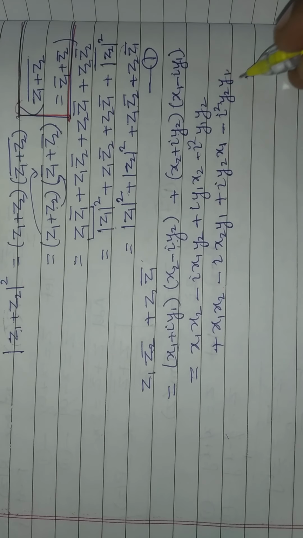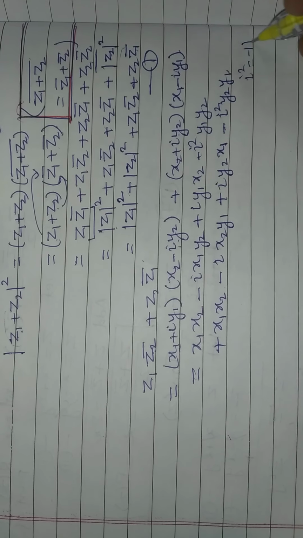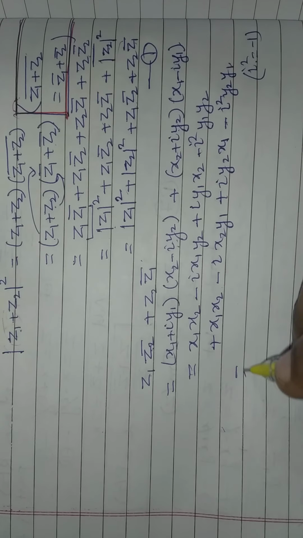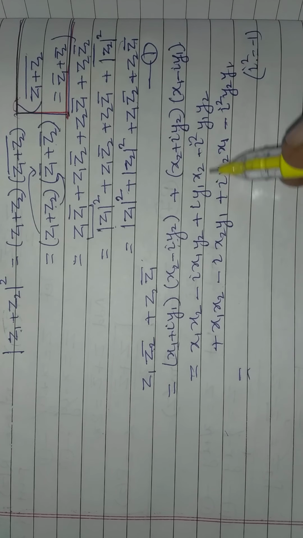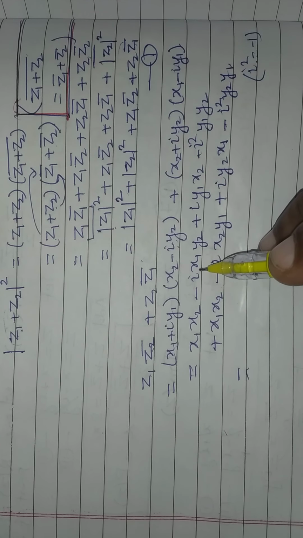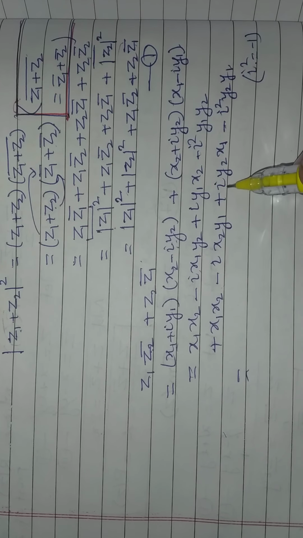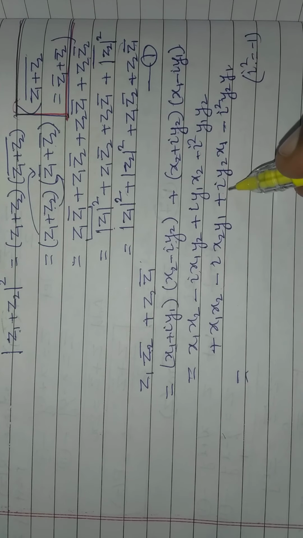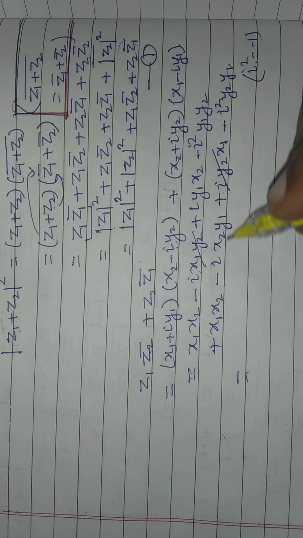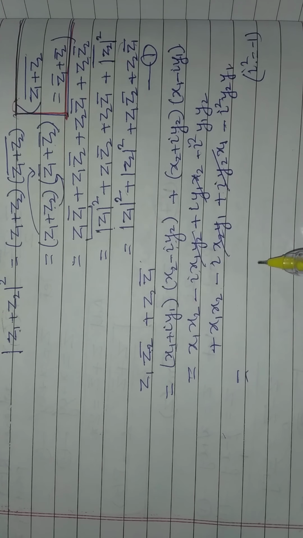In place of i square we will put minus 1. Just see over here, minus x1 y2 plus x1 y2, so this and this will cancel, and this will cancel.